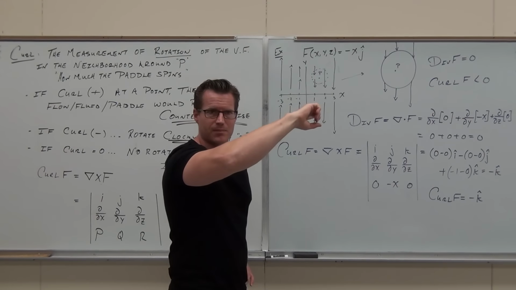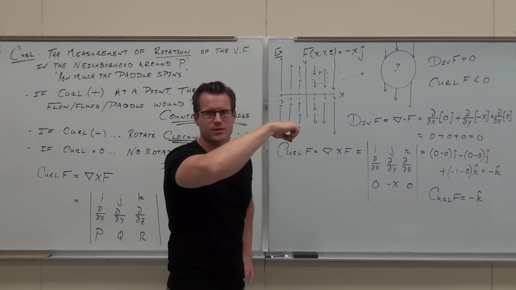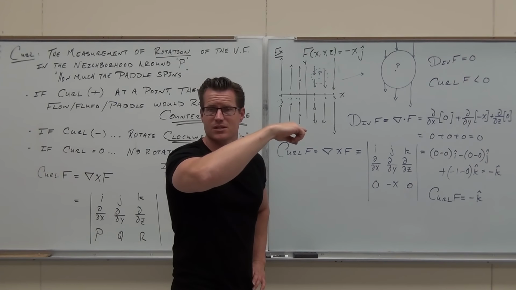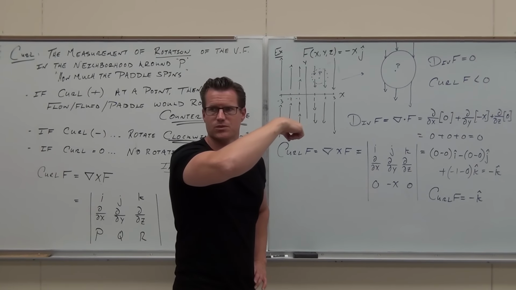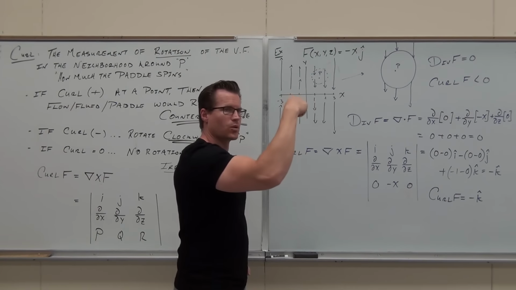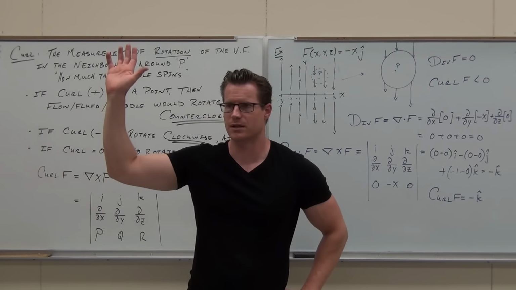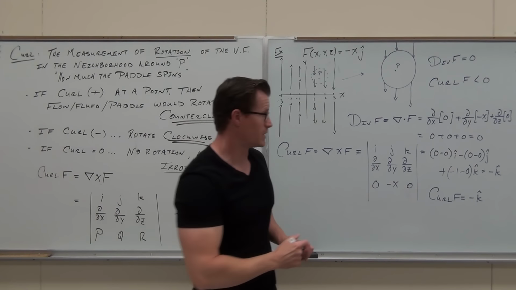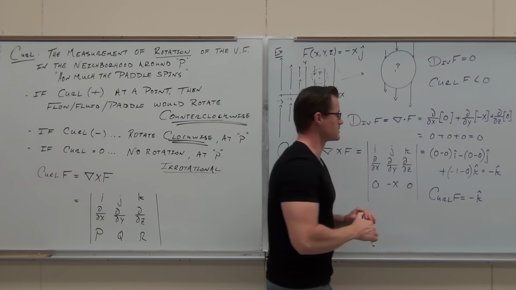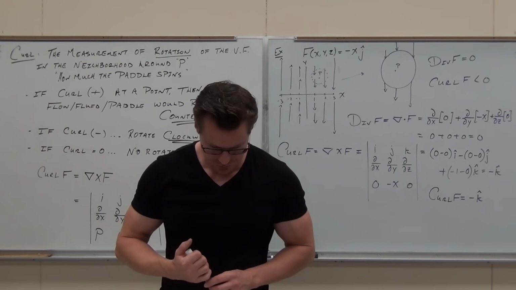So that paddle is rotating this way, almost like a torque concept. That negative says that we're rotating clockwise. It's a vector that's into the board and rotating clockwise. That's the idea. Should folks feel okay with that idea? So this rotation is less than 0. That's the idea for us.